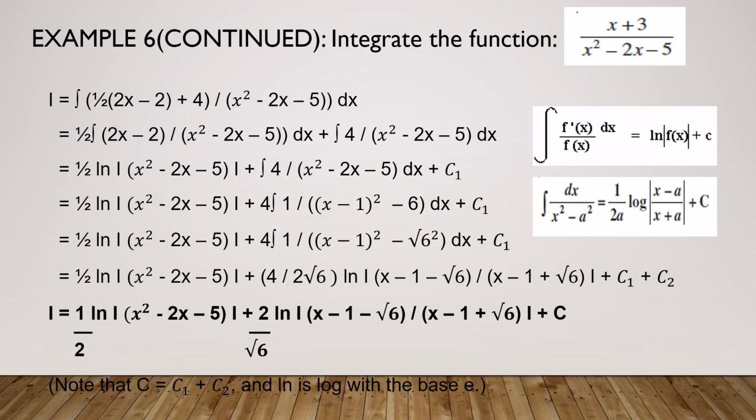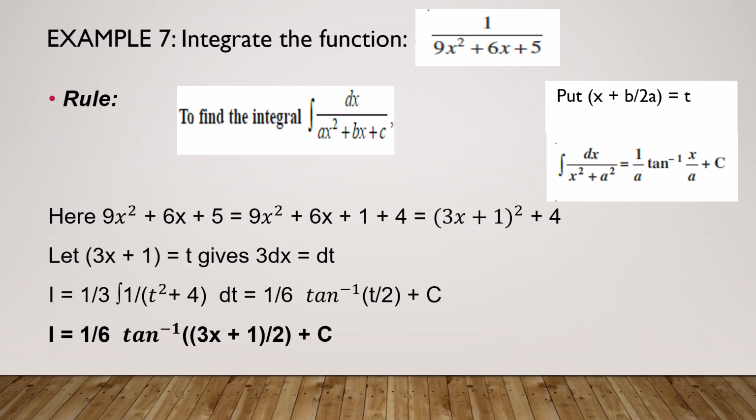For the first integral, if we take constant c1, for the second one, say it is some another constant c2. Ultimately, you can write it for the last answer as some other constant c, where c is nothing but c1 plus c2. So your final answer is the integral is half ln of mod of x square minus 2x minus 5 plus 2 upon root 6 ln of x minus 1 minus root 6 upon x minus 1 plus root 6 plus c.